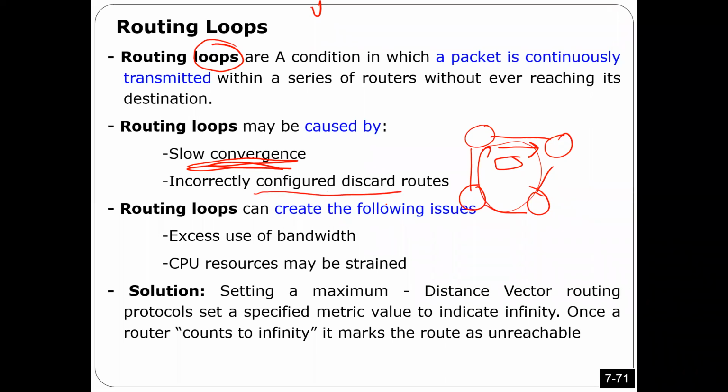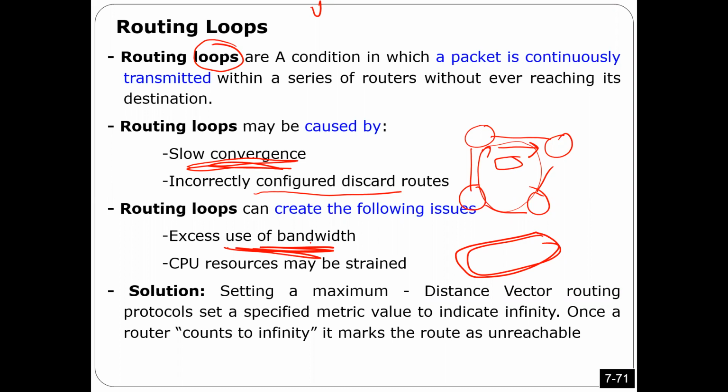So it may happen that I have one packet, and because we have some problem in the routing, this packet is going to circulate for a very long time. It will never reach the destination, or it's going to reach the destination after a very long time. So what's the problem here? Such a packet is going to consume too much bandwidth.